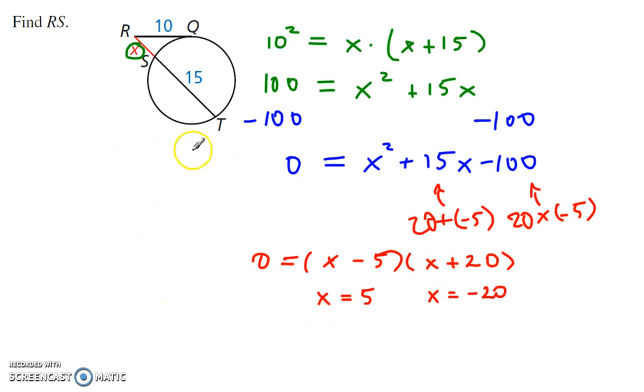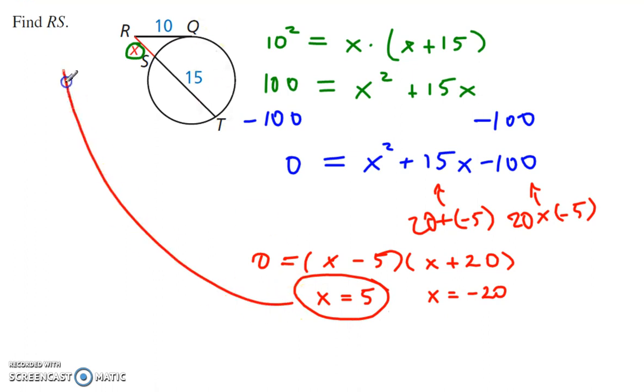Being a distance, negative 20 doesn't make any sense, because a distance can't be negative, so x has to be 5. And therefore, RS is 5.